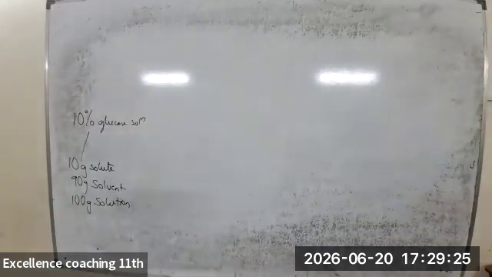93.93. Divided by 1000. No, 93. No, 0.93. 0.093. This is 0.05 divided by 0.09.